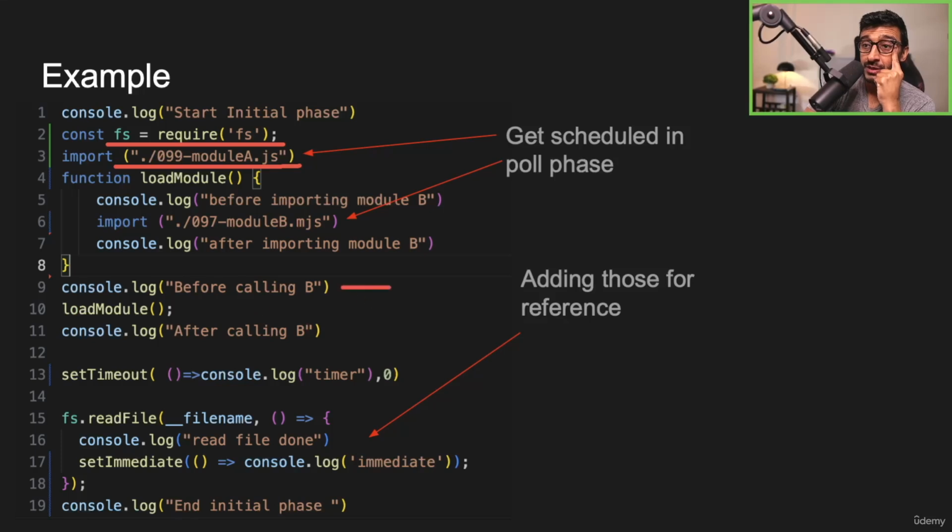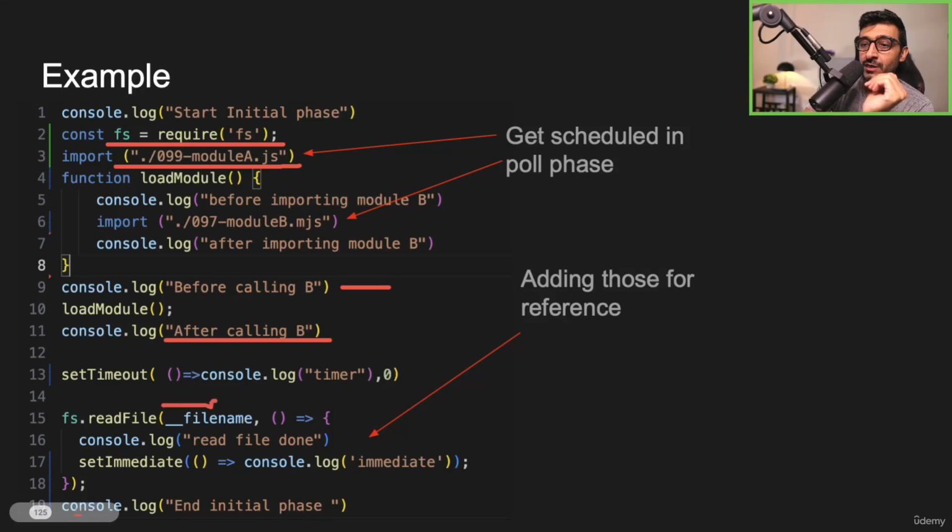I'm gonna print before calling B, load module, which is this guy, which will call before module A, and then we'll attempt to load B, which really it's not gonna do anything because we're in the initial phase. And then I'm gonna print after importing B, and then go back and print this, and then schedule a timer, print the timer. I like to do this so I can see clearly which phase we are in.